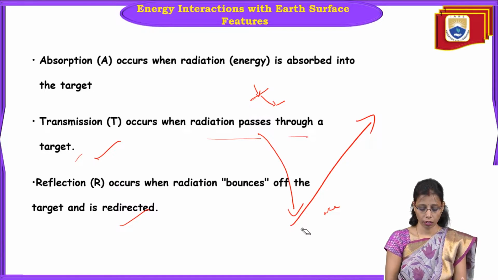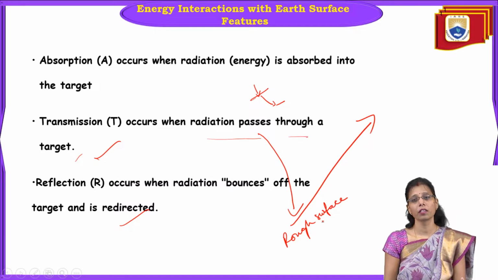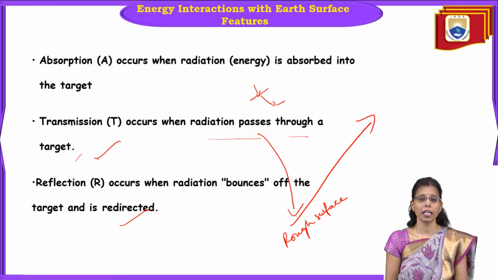Rough surface means the texture of the surface, the texture of the soil, or the type of topography, either a mountain, a hill, a plateau, or soil with a very rough texture. These features will reflect the energy back, or it is redirected from its path. That means it is bouncing back.